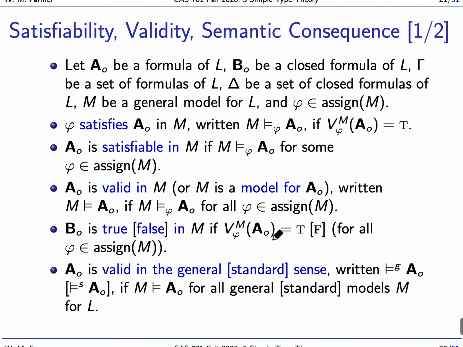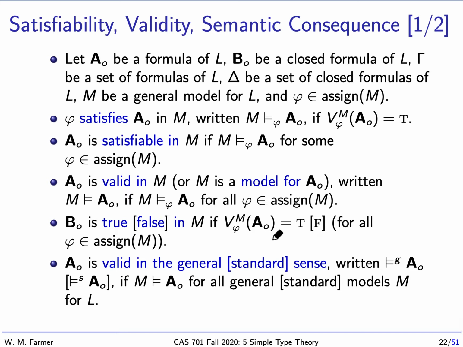Okay, so now we can define the notions of satisfiability, validity, and logical and semantic consequence. These definitions are very similar to what they would be in first-order logic, so I'll quickly go through them. So phi satisfies a formula A in M, which we write like this, if V assigns to A the value true with phi as our assignment.